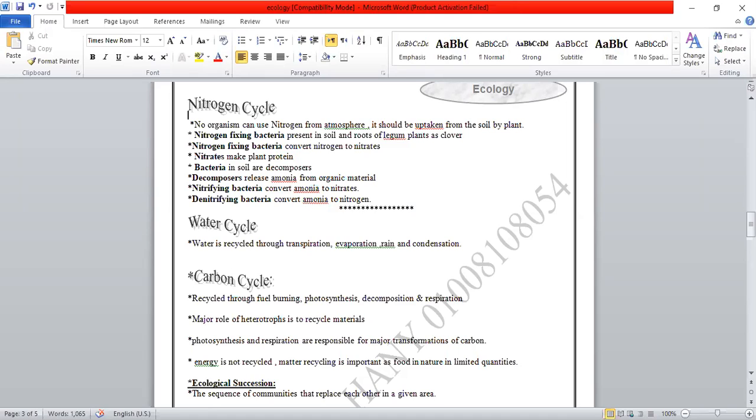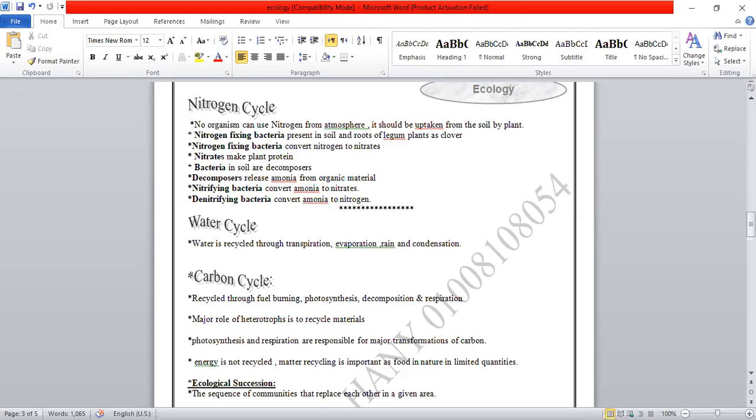The carbon dioxide is used by plants during the photosynthesis process to make their food. Plants will respire, producing carbon dioxide again. Animals eat plants, so the carbon is transferred from plants to animals. Both plants and animals will die and decompose, so the carbon returns back again to the soil.